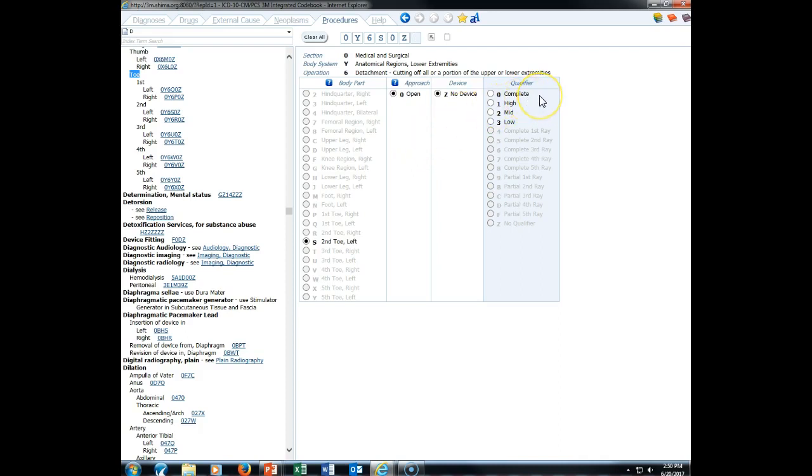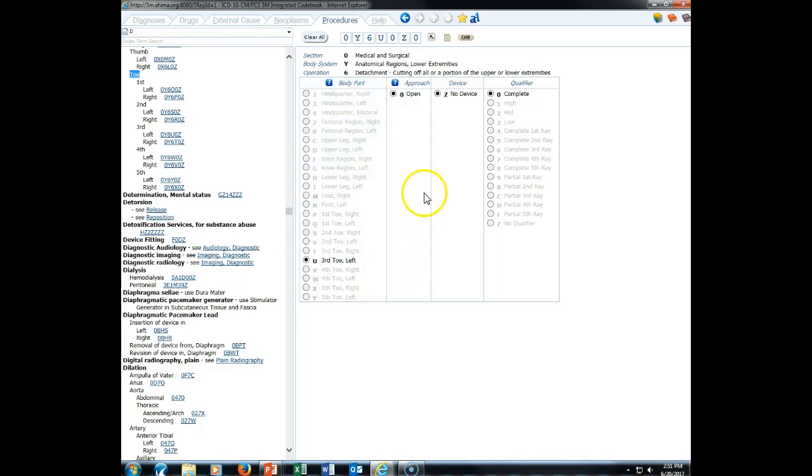And then for our qualifier, we have to choose either complete, high, mid, or low. And we are choosing complete. It was a complete amputation of those toes. So this is the code for the second toe of the left foot, 0Y6S0Z0.